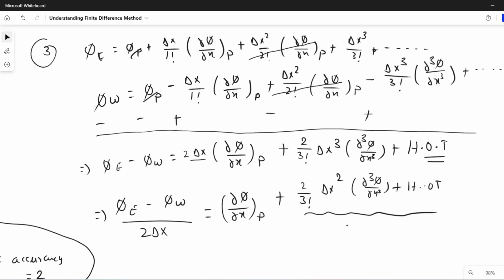This can be written as order of delta x square, because the lowest power of delta x is 2. So the order of accuracy is equal to 2 in this case.